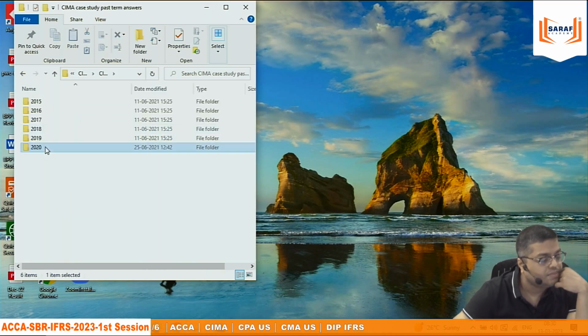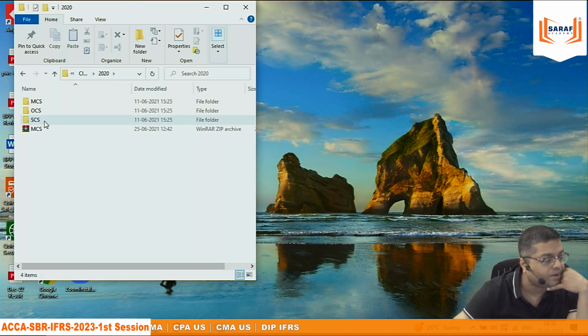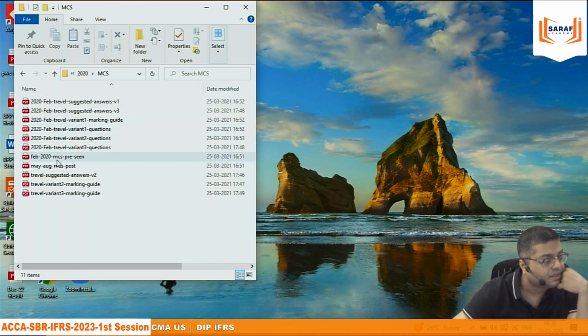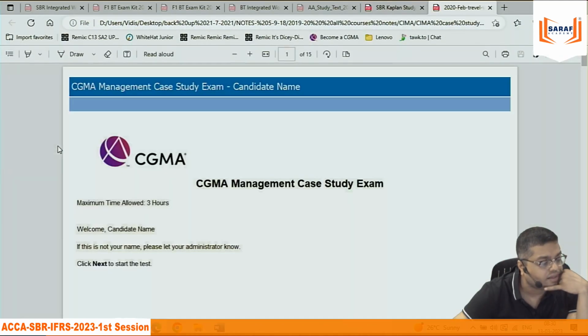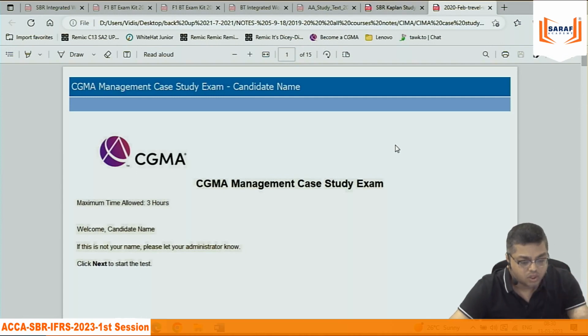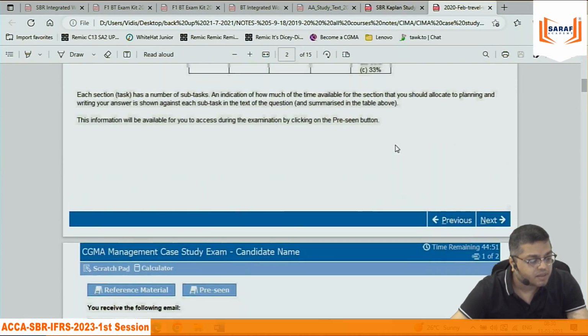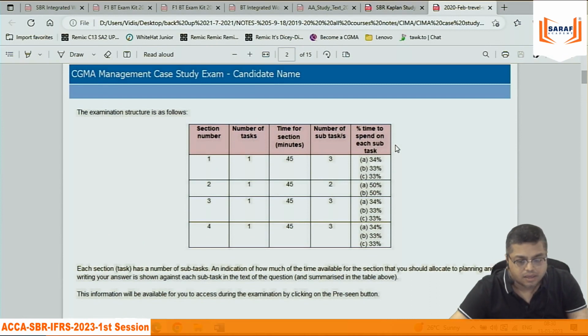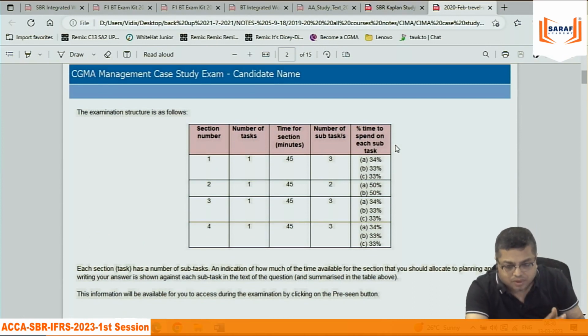Suppose for CIMA there is a 2020 paper, MCS, question paper, say variant 3. This is the 2020 exam paper. This is opening in PDF, but in the exam this will be opening in the software.